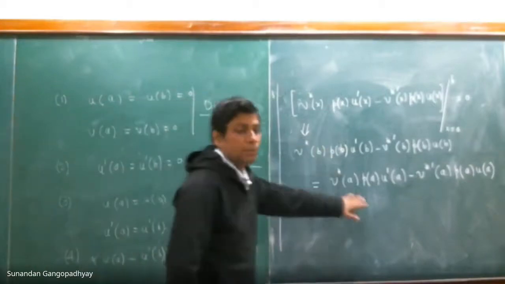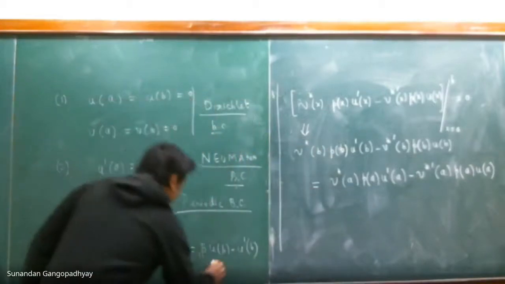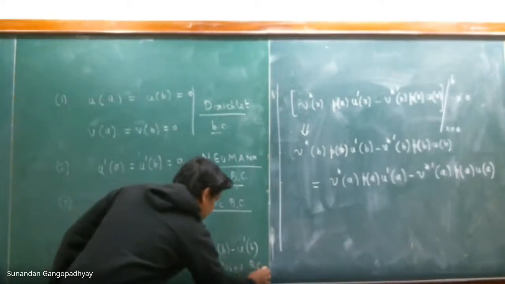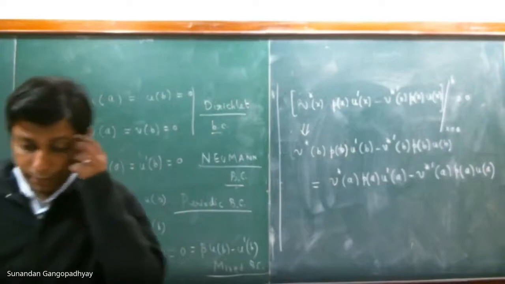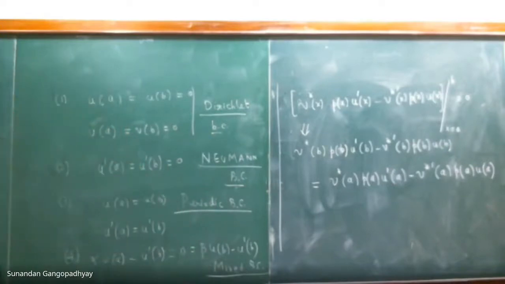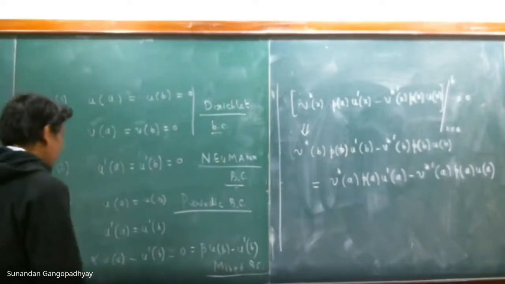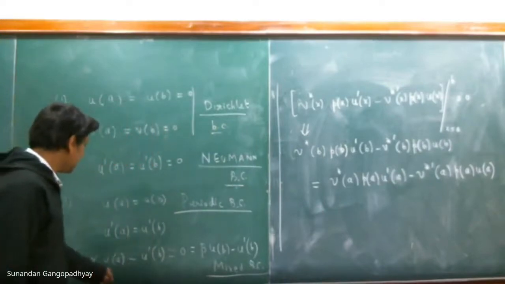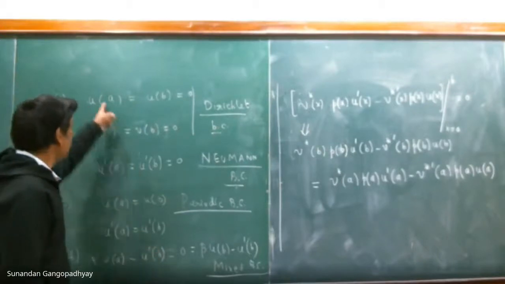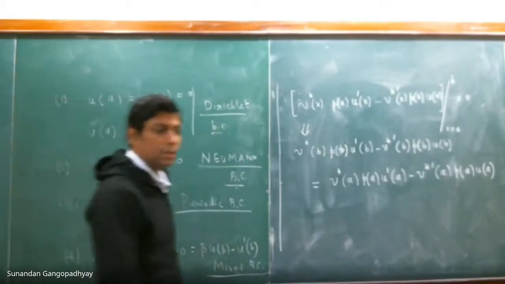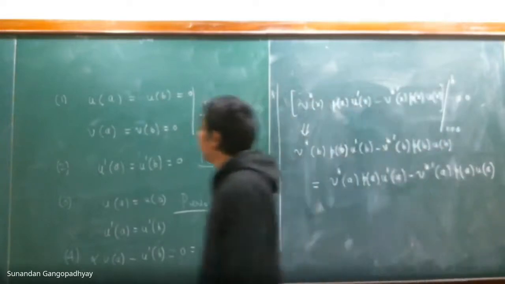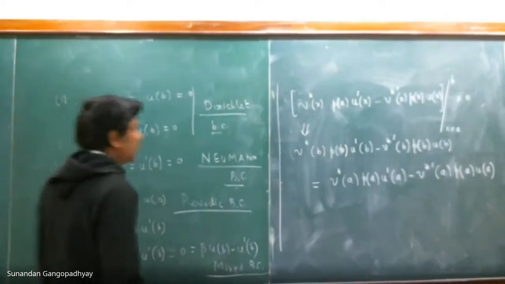This is called the mixed boundary condition. This is the most general form of boundary condition that you can have. Why mixed? Because you can see that this is a combination of the Dirichlet and the Neumann boundary conditions. So these are the four kinds of boundary conditions that you can have, which will satisfy this.